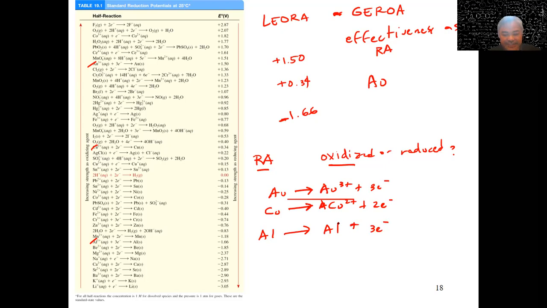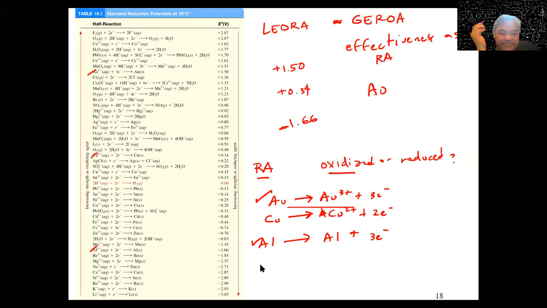So kapag mag-o-oxidize sila, paano natin i-arrange dito? Ito ba yung pinakamalakas na reducing agent o ito yung pinakamalakas na reducing agent? Is it the aluminum or the gold? Anyone? Sir, yung gold po yung mas oxidized. Pardon? Medyo choppy.